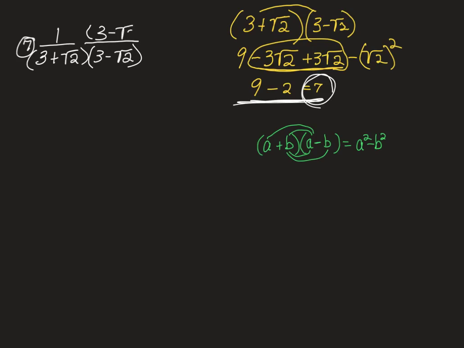We don't want to change the value of our original fraction. We're multiplying by 1 in the form of 3 minus the square root of 2 over 3 minus the square root of 2. Okay, so in the numerator, we will have 3 minus the square root of 2. But in the denominator, well, we already did the work over here. We'll just have 7. No further reduction needed.